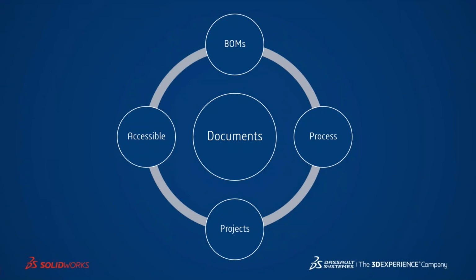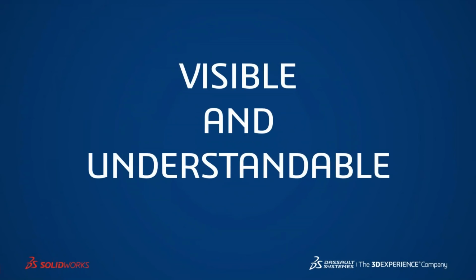The last piece is, how do we make this all accessible? We need to be able to make sure people can access the data that they need. It's important if we're going to get this manufactured and we're going to get input from others. So this is something that both PDM and Manage can assist us with.